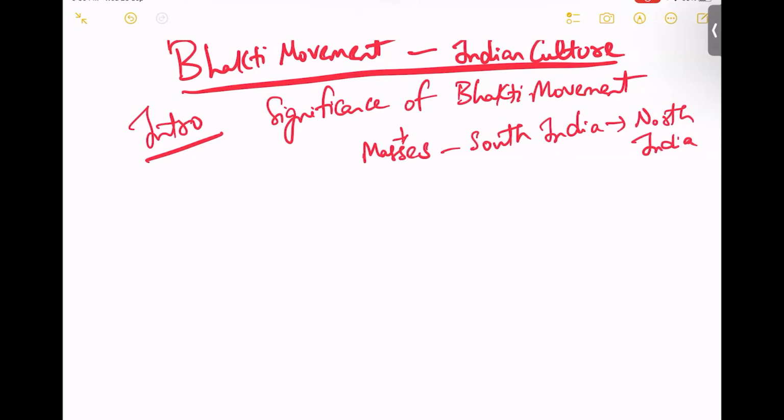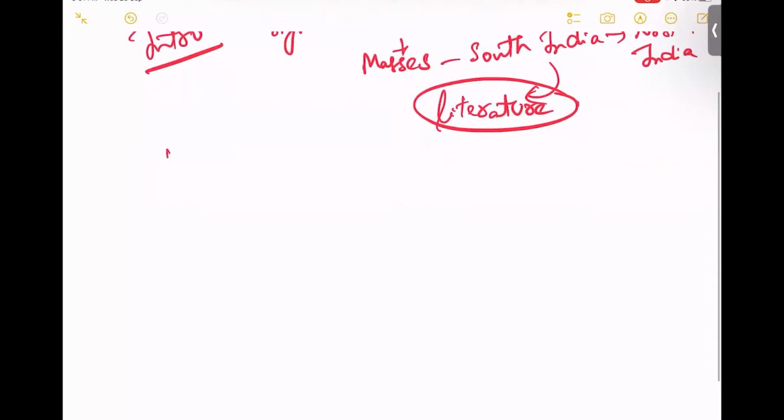And the main medium through which the Bhakti movement tried to spread was through literature. So you're trying to bring the demand of the question in a proper way, with proper coherence. And then you will come to the body.